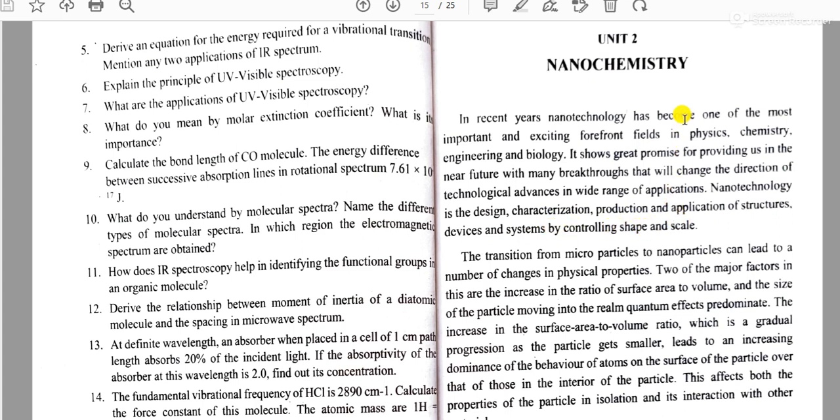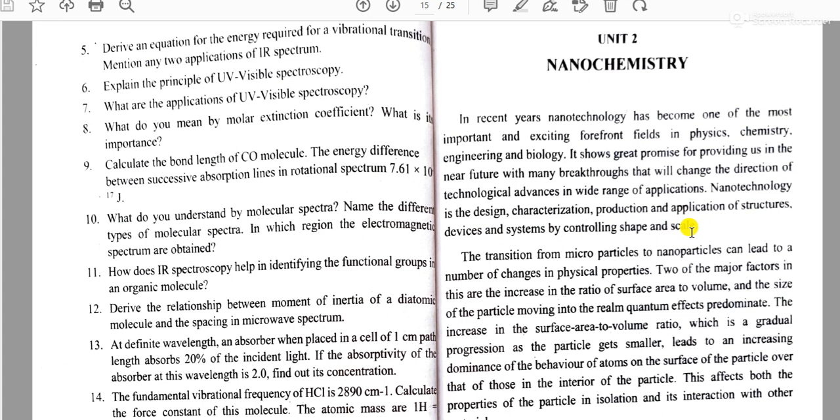So here you can get an important question. What is the difference between nanotechnology and nanoscience? Okay, so here you have a small definition. Nanotechnology means it is the design, characterization, production, and application of structures and devices and systems by controlling shape and scale.